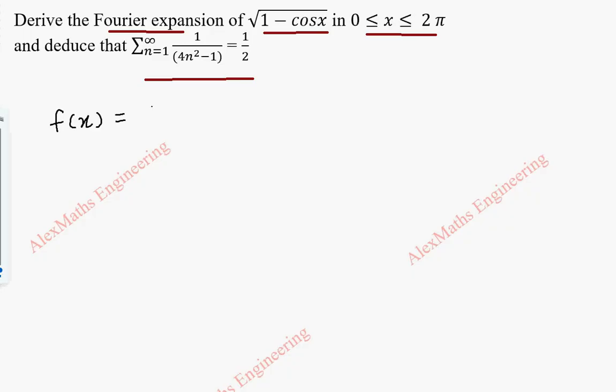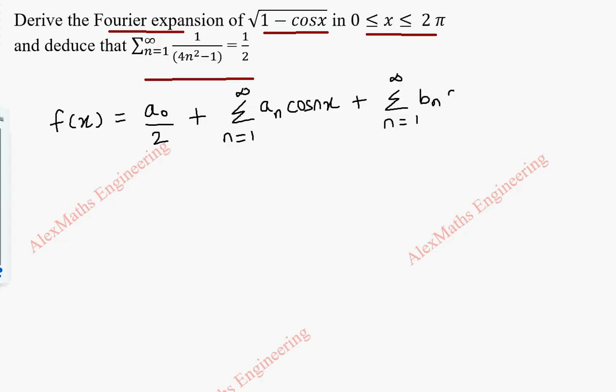f of x is a naught by 2 plus summation n equal to 1 to infinity an cos nx plus summation n equal to 1 to infinity bn sin nx.